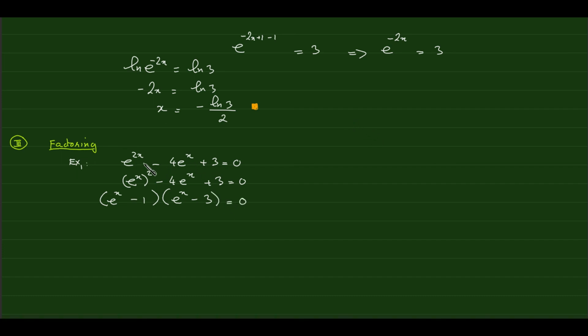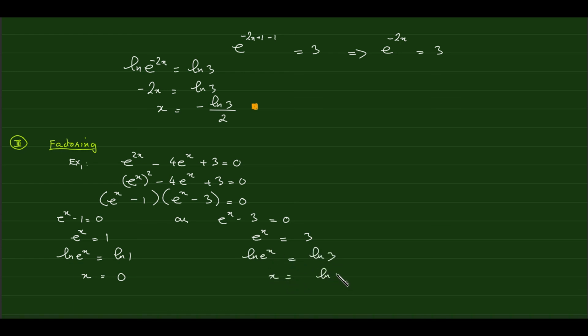So you recognize the quadratic. That's what you do. Now we can apply this zero product property. And from here I have e to the x equal 3, e to the x equal 1. You take ln both sides. ln of 1 gives you what? 0. ln of 3 is just ln of 3.